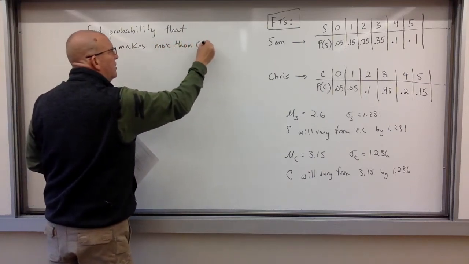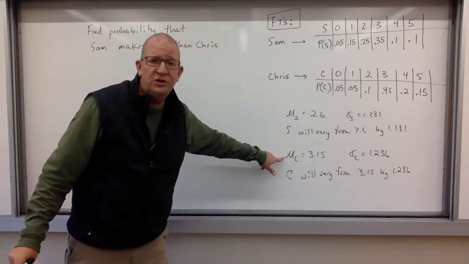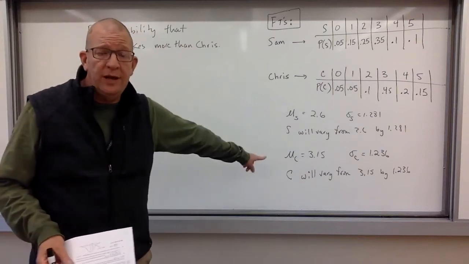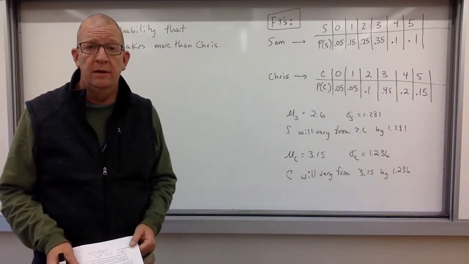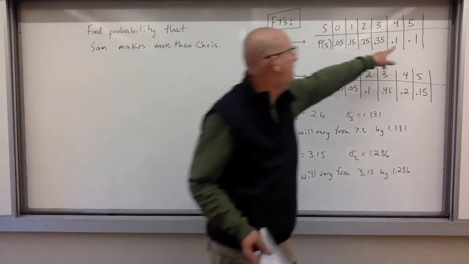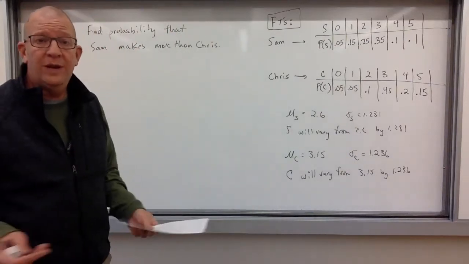Now, you can look at this and you can say, well, Sam should average 2.6 and Chris should average 3.15. Does that mean that every day Chris wins? No. I mean, clearly some days Sam makes 5 and some days Chris makes 0, right? So we need to figure that out.